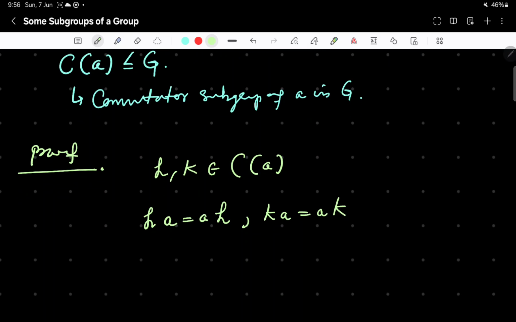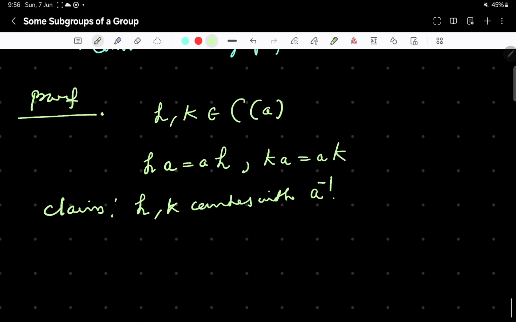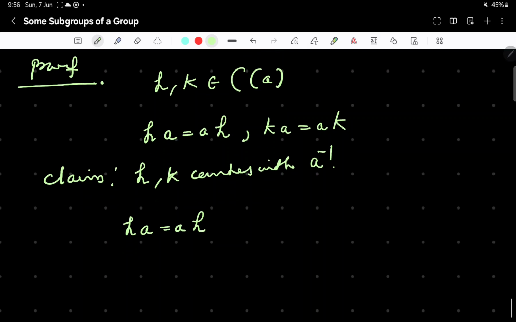First, what we want to prove is that if H commutes with A, then H commutes with A inverse, right? So let's see how that happens. Suppose you take HA equal to AH, then multiply both sides by A inverse.